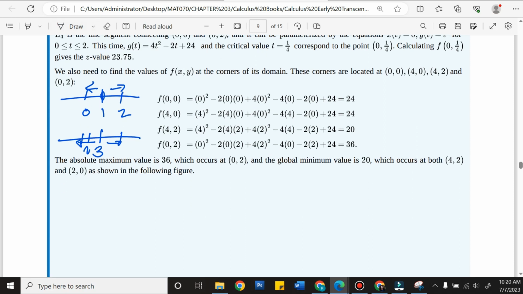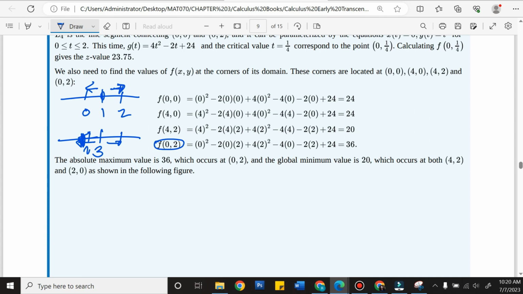Now take note, class, that your value is at its maximum at 36. This 36 comes from when your x is 0 and your y is 2. So, in other words, it is a maximum at (0, 2).